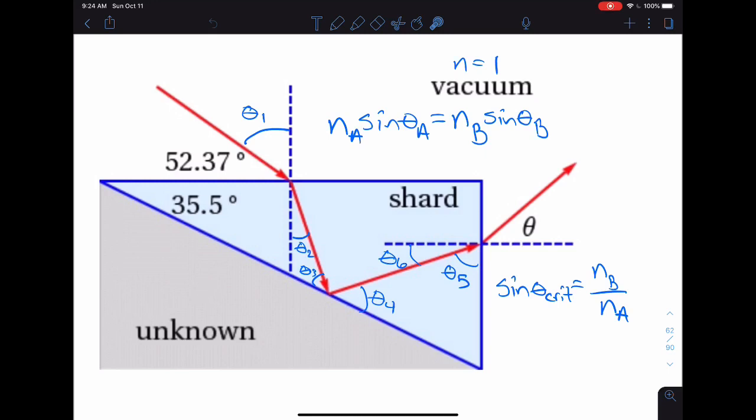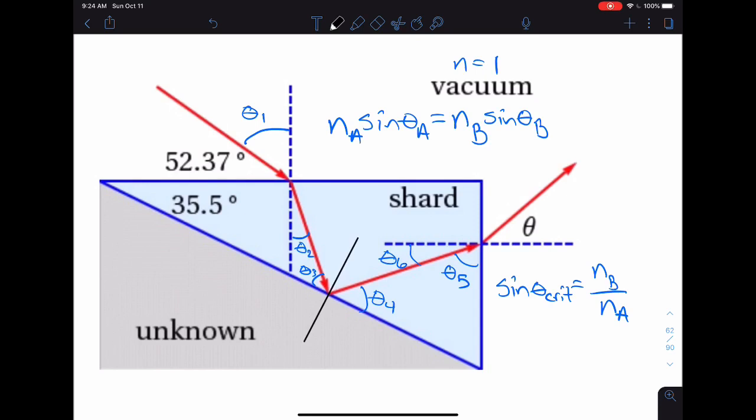Now, the critical angle itself, however, is not theta sub 3, because just like in Snell's law, or the law of refraction, the angles must be measured relative to the normal. So what we've got to do is draw the normal here. There's the normal.